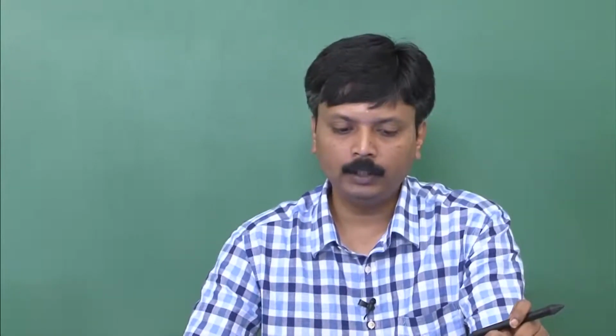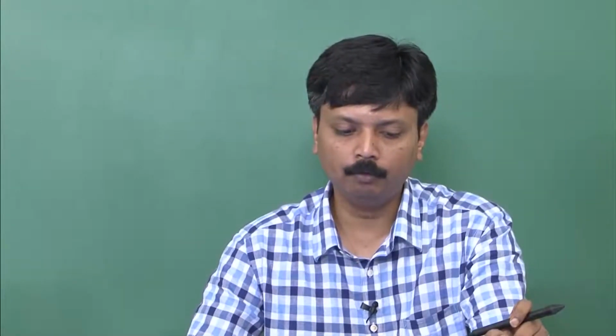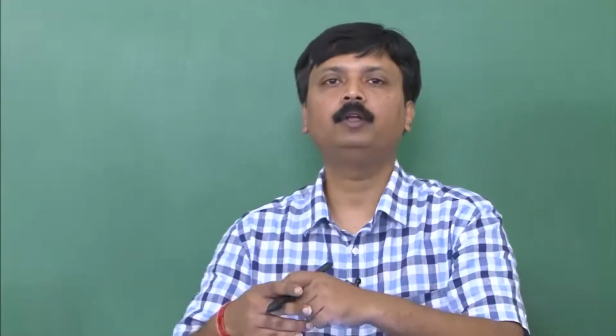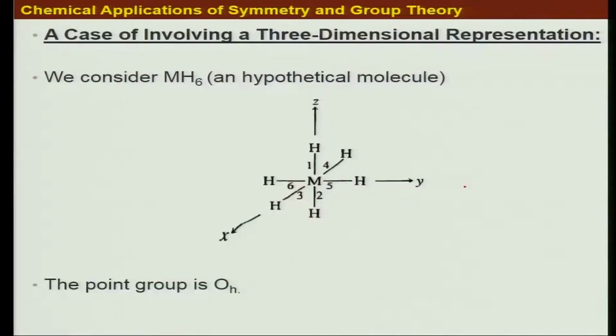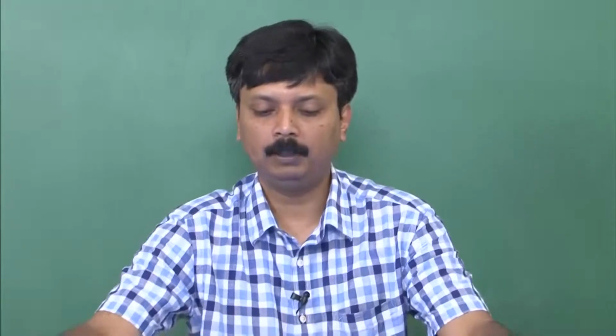All right. So next we will move toward a little higher case, where the complication level is a little bit higher. We will look at a case which involves a three-dimensional irreducible representation, and we will try to find the SALCs for that particular three-dimensional representation.